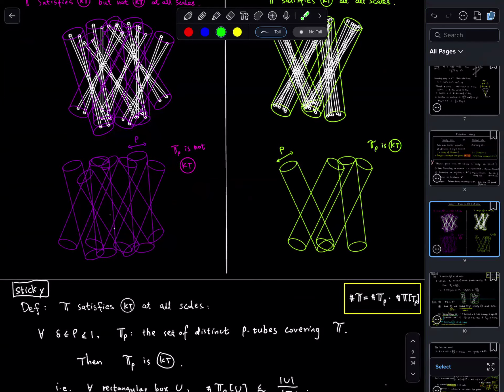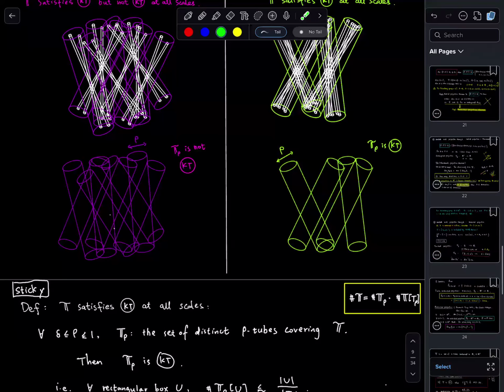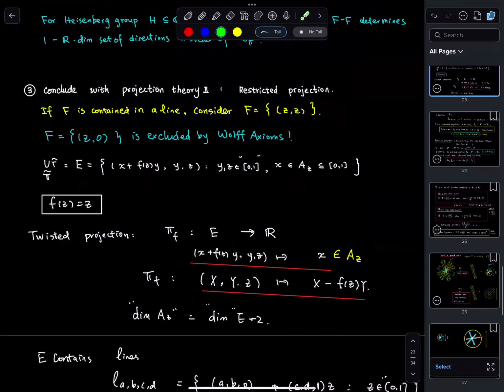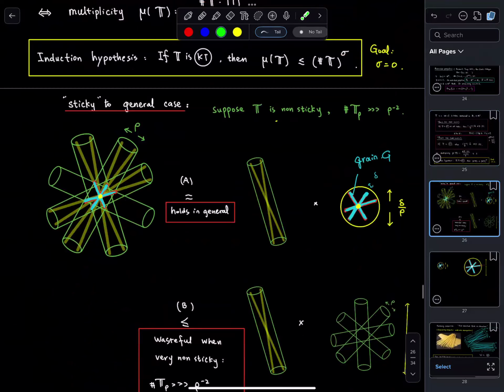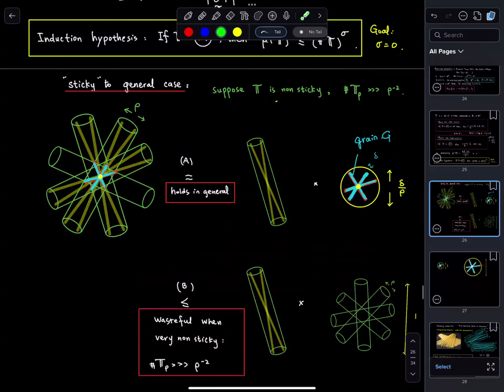In the non-sticky case, there are a lot of rho tubes. So now that we want to generalize the theorem from sticky Kakeya to non-sticky, we can just assume T is non-sticky, so we expect then we have a large number of rho tubes. And we again look at the multiplicity.